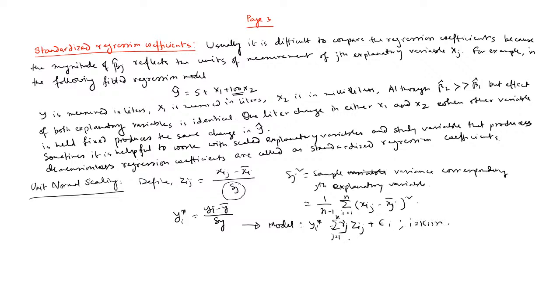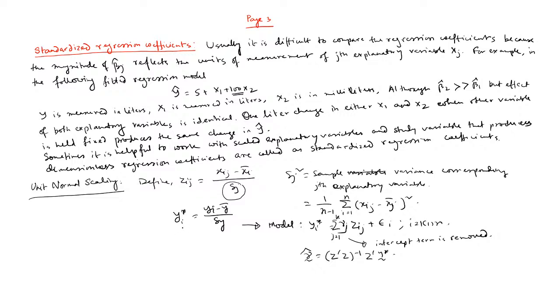In that situation, the intercept term is removed. And here also the least square estimate gamma hat is equal to (z prime z) inverse z prime y star.